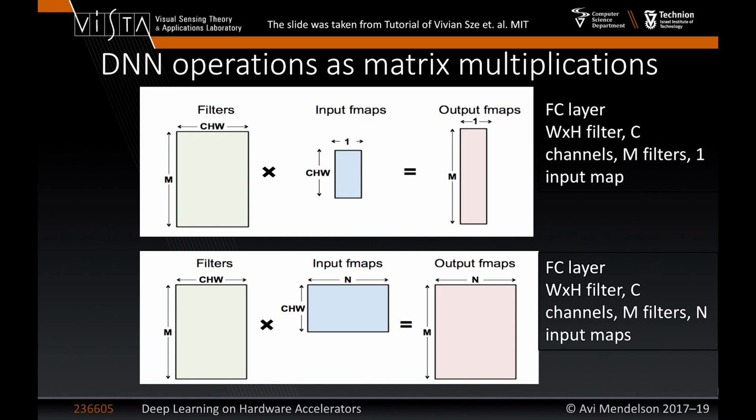So just by doing this multiplication, it automatically computes all the outputs by doing a regular matrix multiplication. Each one of these cells will be the output of this neuron here.